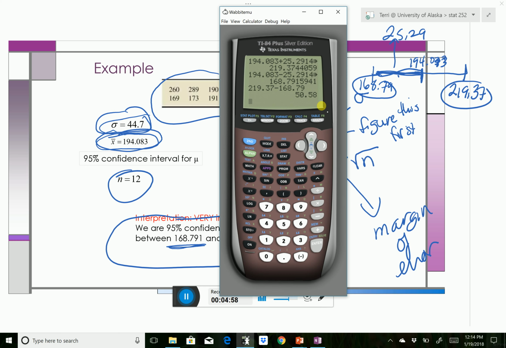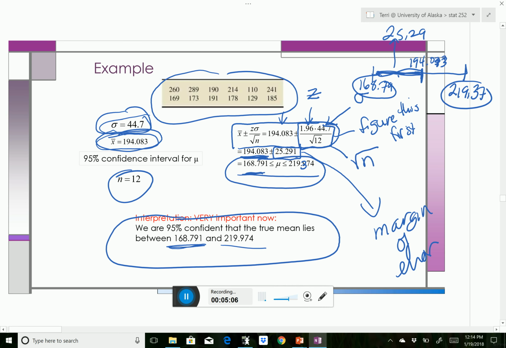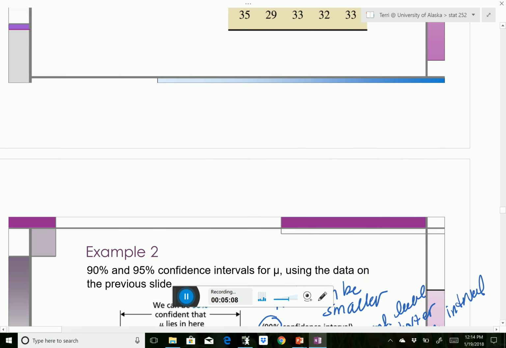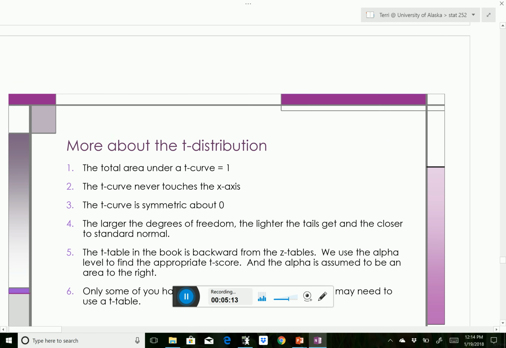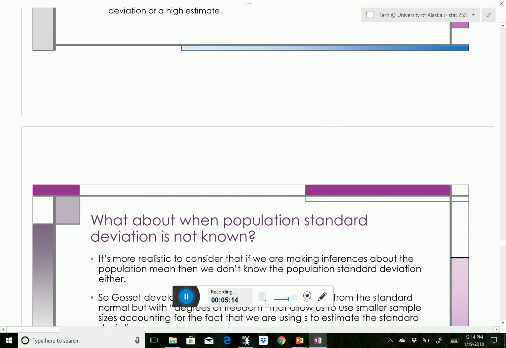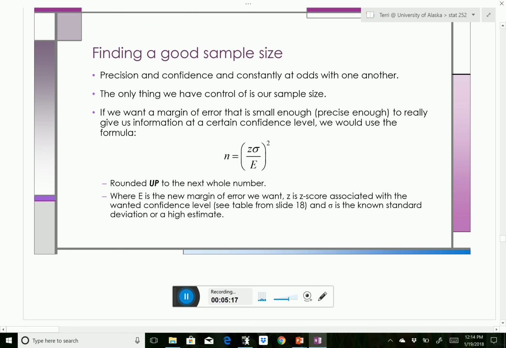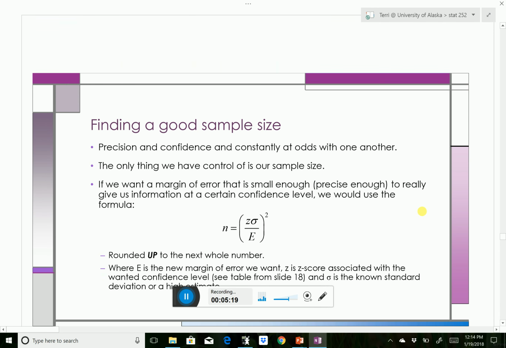That's the length of my confidence interval. Divide by 2, and I have my margin of error, 25.29. So that is something you can always use to find your margin of error. I could have also done it a few different ways, but to me, that's the easiest way to do it, even though it's, I guess, typing in more numbers.